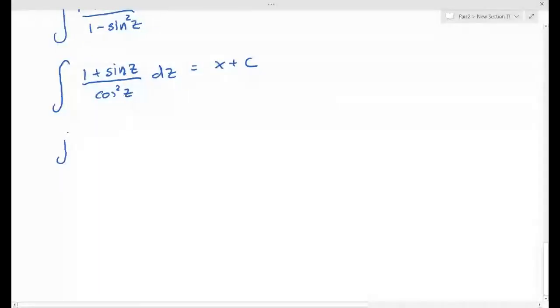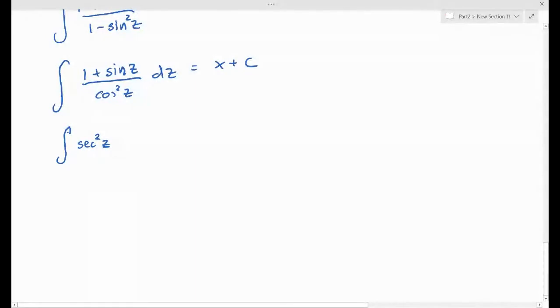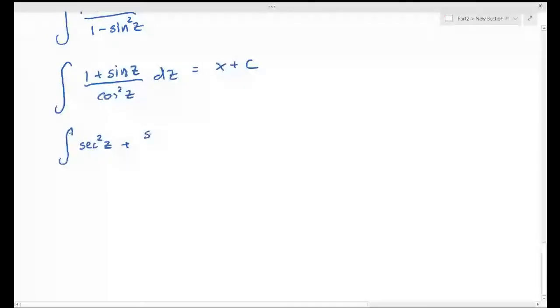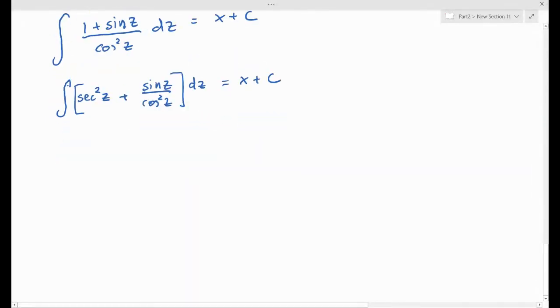And we have a single factor in the denominator, so we can break this into two separate fractions, two separate terms. 1 divided by cosine squared becomes secant squared, and then each of these should now be easier to integrate.